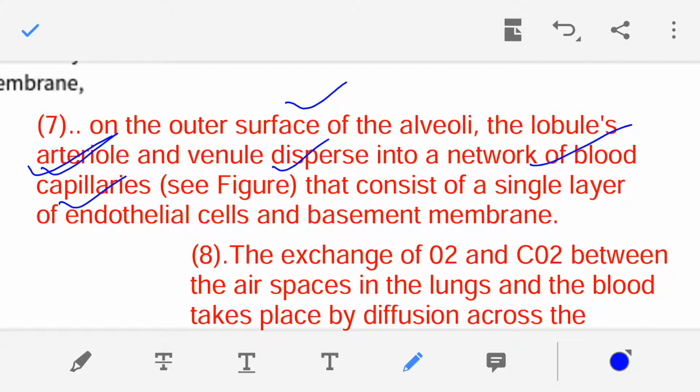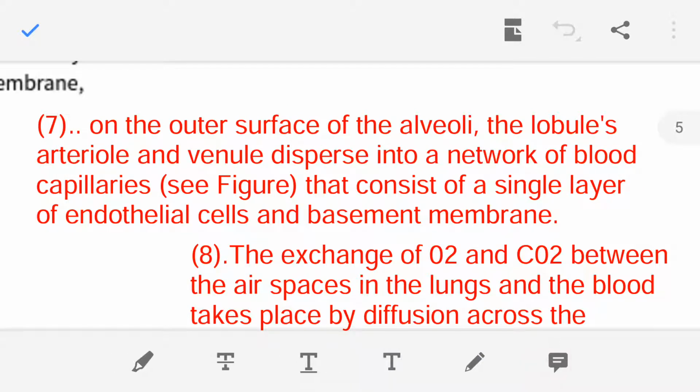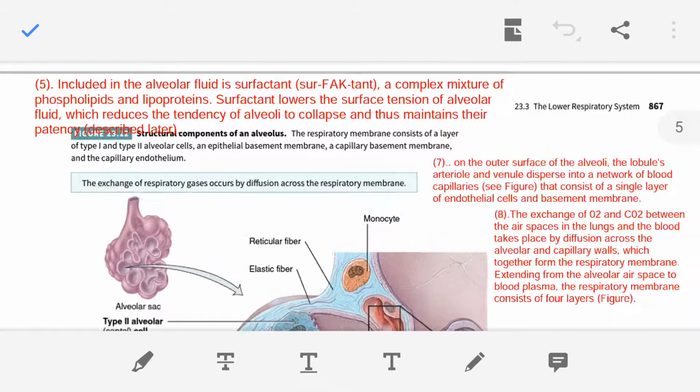Arteriole is there, venule is there, and together they form a fine network of blood capillaries. In the wall of this blood capillary, a single layer of endothelial cells is present, and the basement membrane is present. So in the figure I am showing you this.